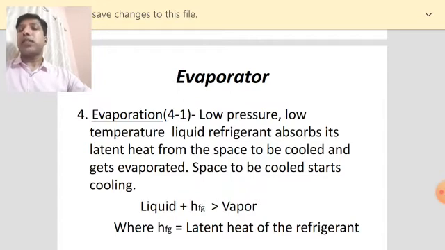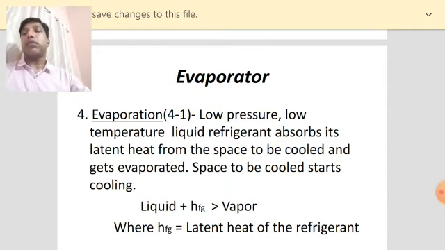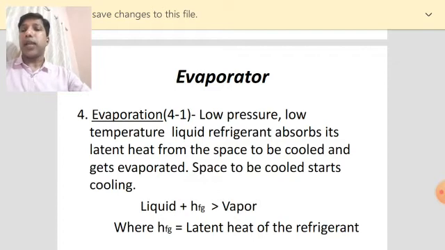The refrigerant absorbs its latent heat from the space to be cooled, the temperature of that space reduces and it starts cooling, whereas the liquid refrigerant passing through the evaporator coil gets vaporized. So you can see liquid plus HFG gives vapor, where HFG is the latent heat of vaporization. Now after the evaporator, you can see again the refrigerant is in vapor form.